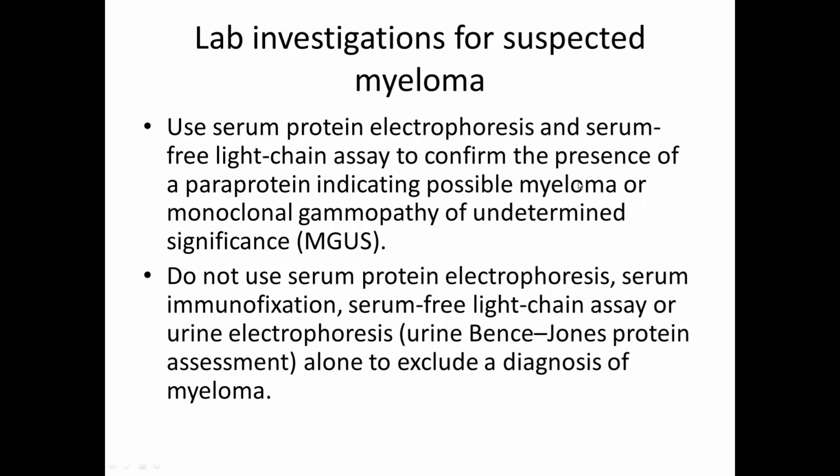We didn't feel that there's any need to do urinalysis at screening, except if this is outside the guideline, but you would do it if you suspected AL amyloid. The important thing was not to use these tests alone, they should be used together. But if you use them together, you will detect 99% of myelomas.